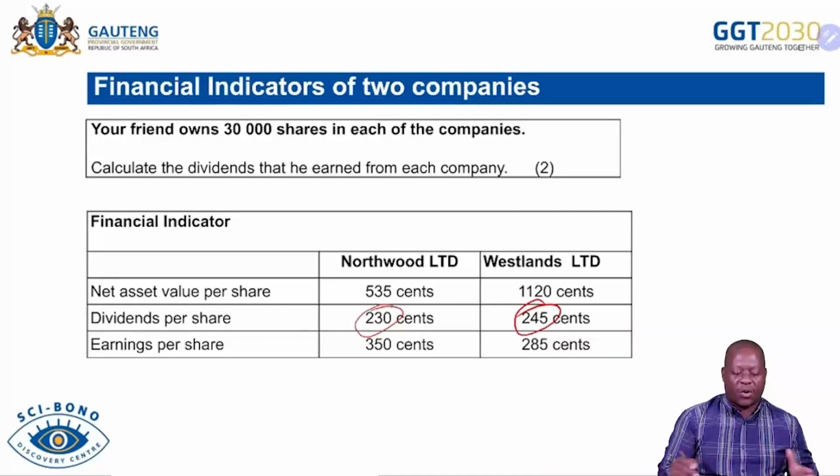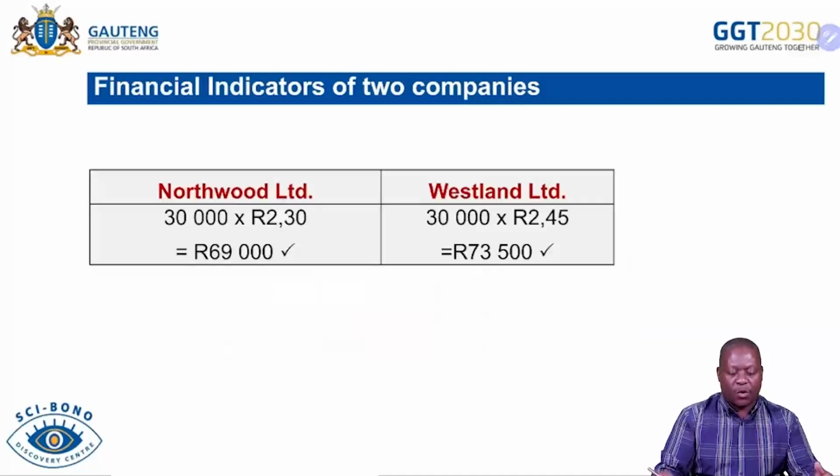So we can calculate the total dividends earned by this friend of ours in both companies. Starting with Northwood, 30,000 times 2.30 rand gives us 69,000. Westland Limited, 30,000 times 2.45 rand, 73,500.